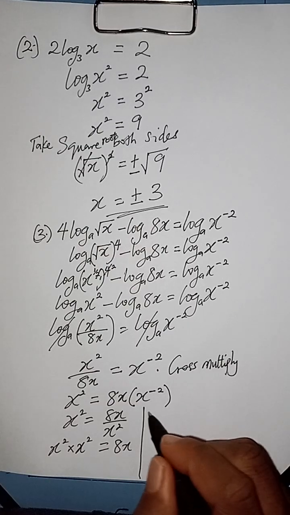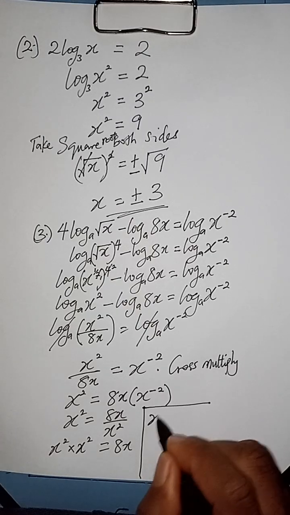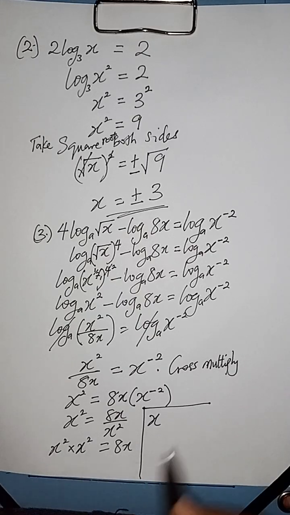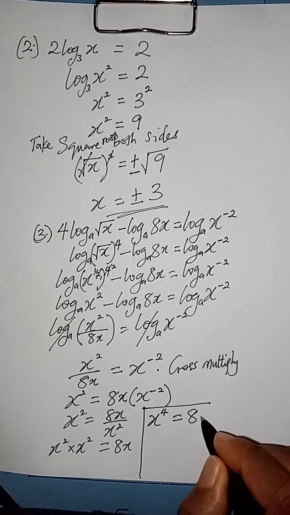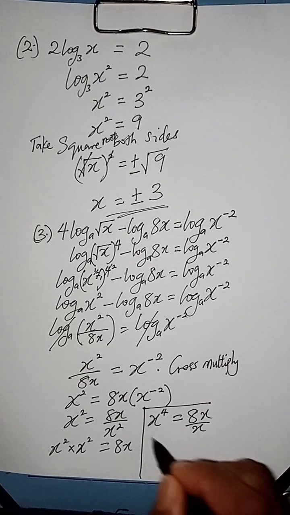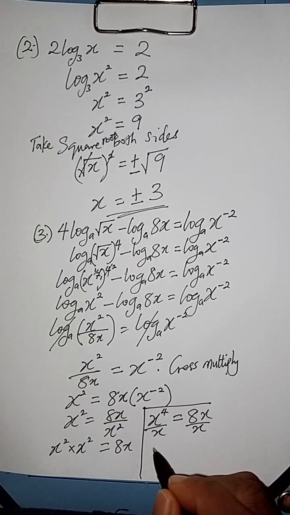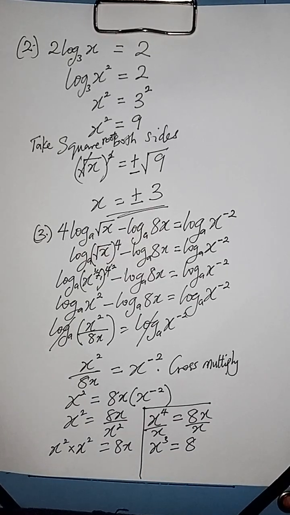Indices. So this becomes x² plus 2 raised to power 4 equal to 8x. If one of the x should divide, I'll be left with x raised to power 3 equals 8.